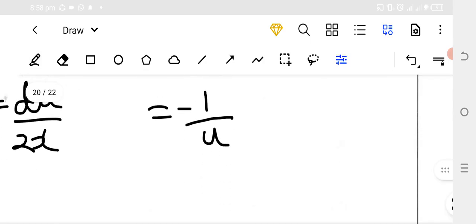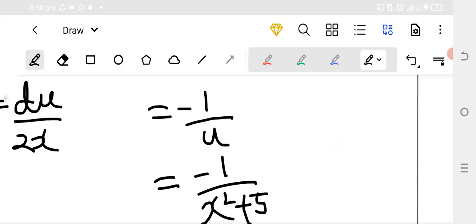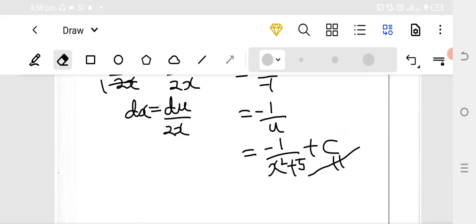Now, is this what we had in the beginning? No. So it is equal to negative 1 over x squared plus 5 plus c. This is how you would have done it if ECZ set it up in the right way. Not the answer that we found. That answer we found was not okay. That's an answer for A levels.